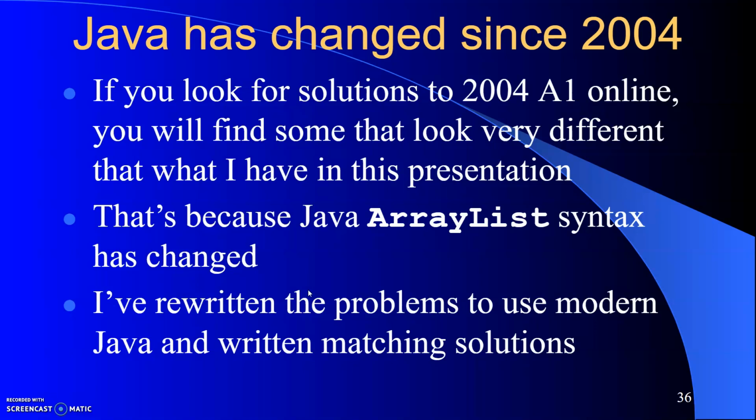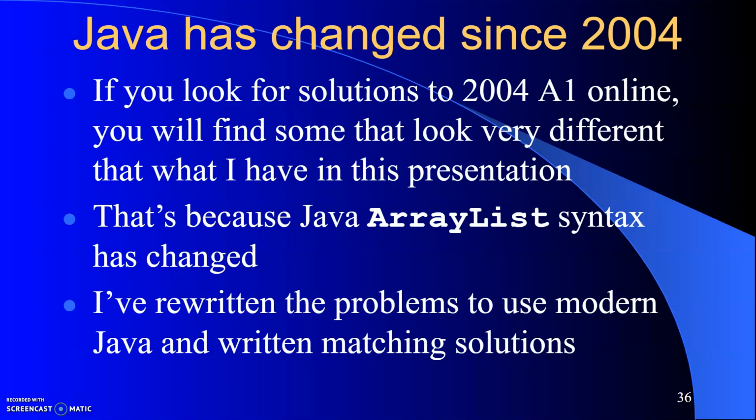Now, if you start looking online for answers, and this is where they'll get you on the AP exam, Java's changed a lot since 2004, and you'll see some answers that use very strange looking code that we would not write now. So I have solutions in this presentation that use the current style of Java.